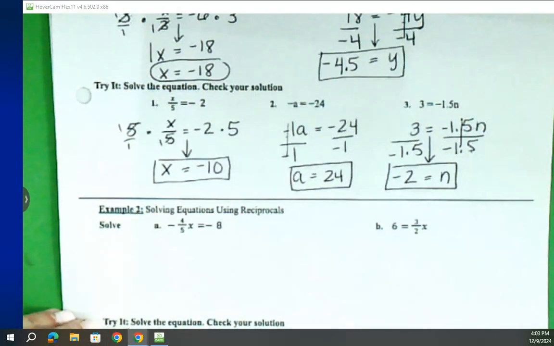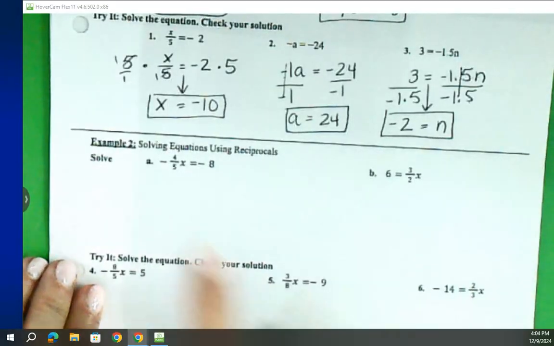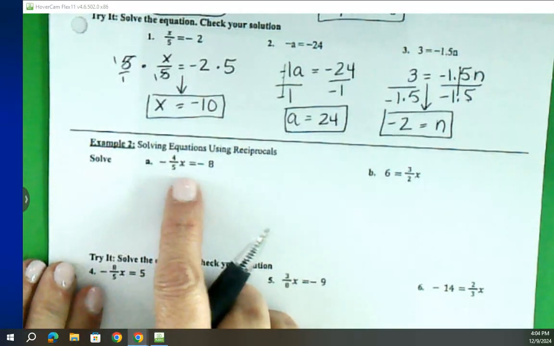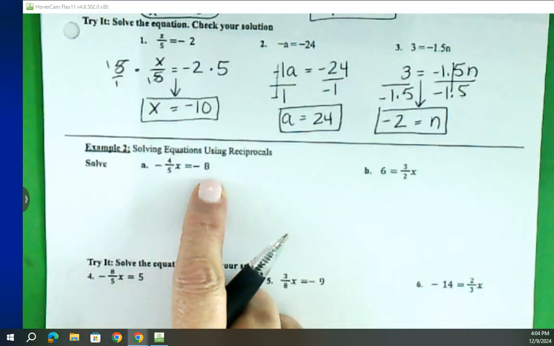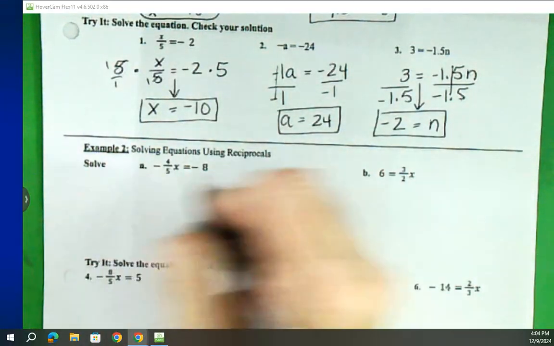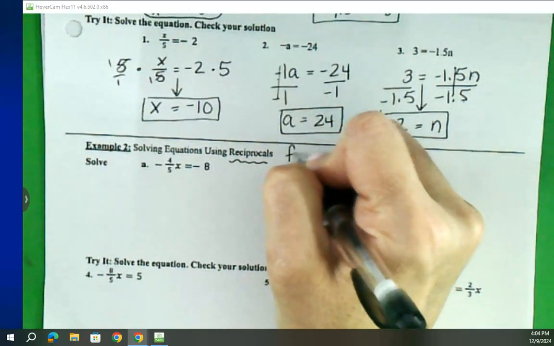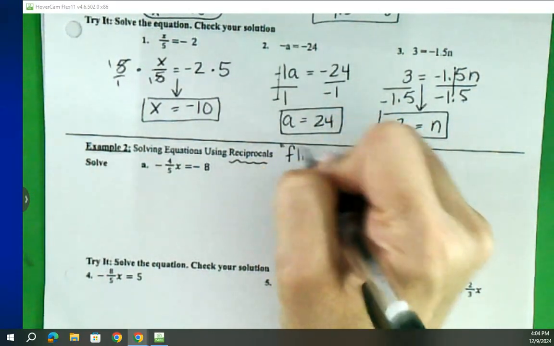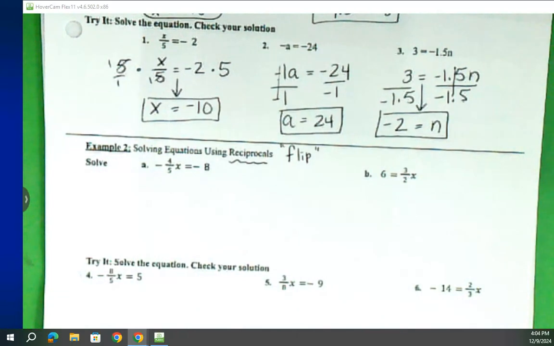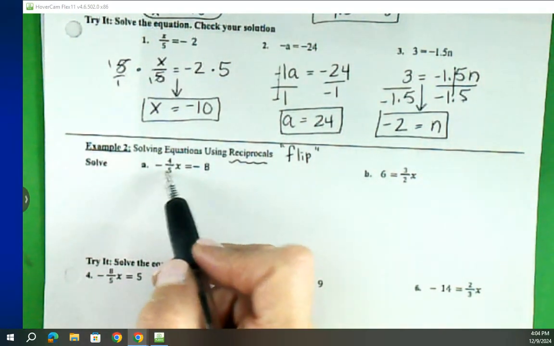Sometimes if the coefficient of x is a fraction, like in this case we have negative 4/5 x equals negative 8, what we are using is the reciprocal. So reciprocal, you'll recall, means the flip. And the reason we want to multiply by the flip when we have a fraction is because we want to get 1x.